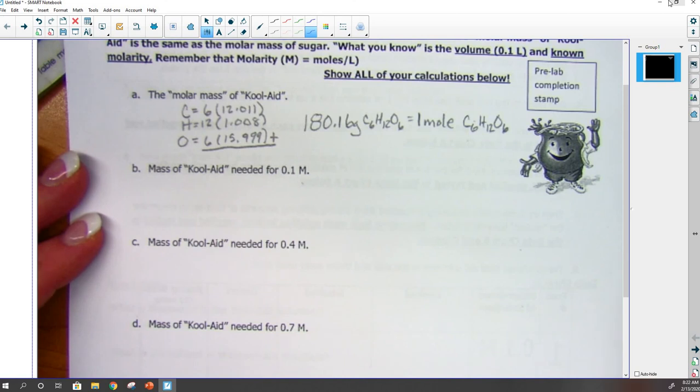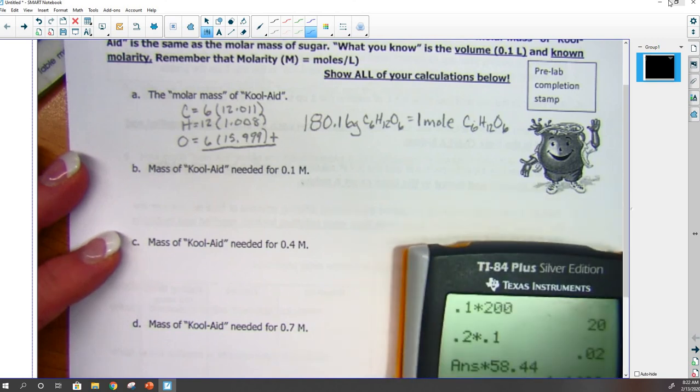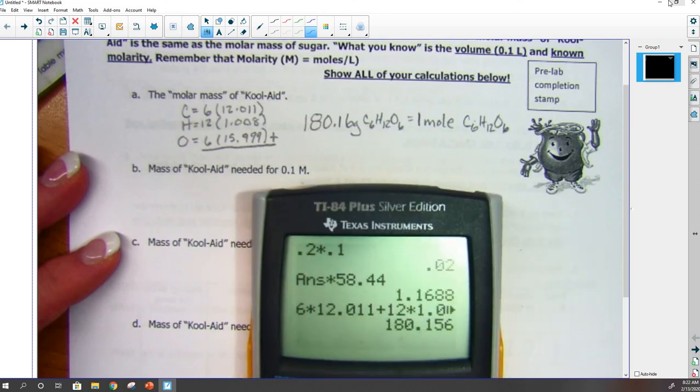We all got the same number there? 181.02. Did you use the same numbers we did? Yeah. Oh wait, I missed the 1.008. That's why. Okay, so that's what I got.